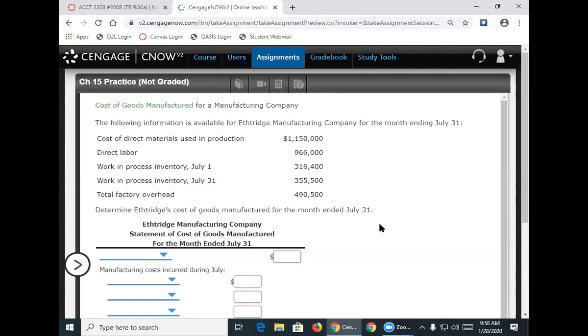So we have all the costs flowing into work in process, and we need to figure out of all the costs we put into production in the period, plus the existing beginning balance, what did we actually finish? Okay, so that's what we're calculating here, is our cost of goods manufactured, also known as finished goods.